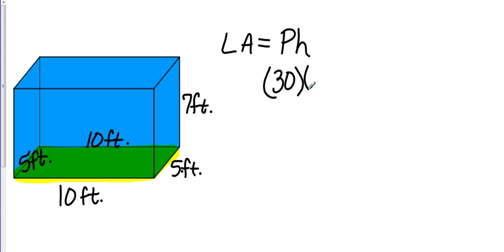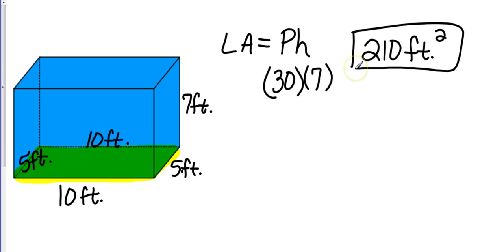Then I'm going to multiply that times my height, which is 7 feet. And so that gives me a lateral area of 210 square feet. Now, we're going to find our surface area by plugging in our lateral area and adding the area of the two bases.